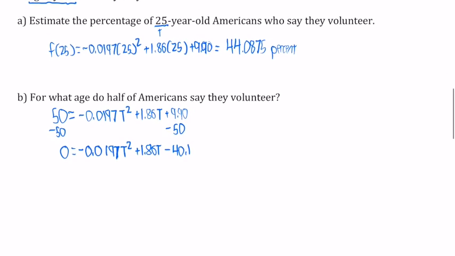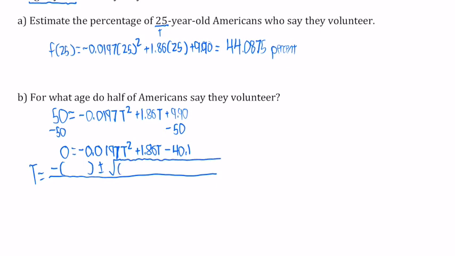So let's set up our quadratic formula fraction here. We have our big fraction, negative b, plus or minus the square root of b squared minus 4 times a times c, all that over 2 times a.